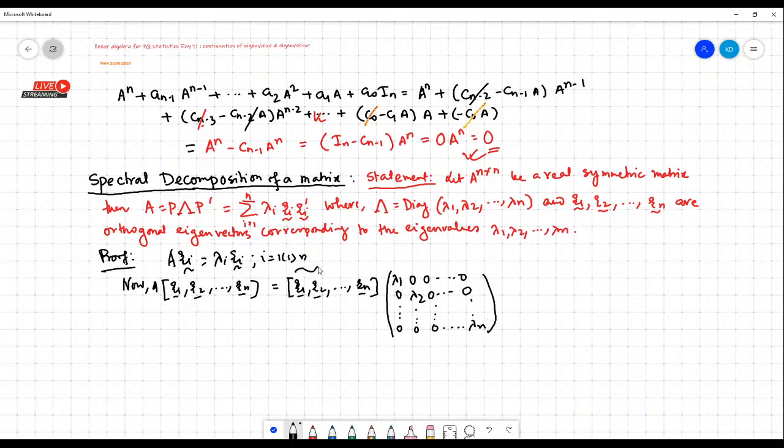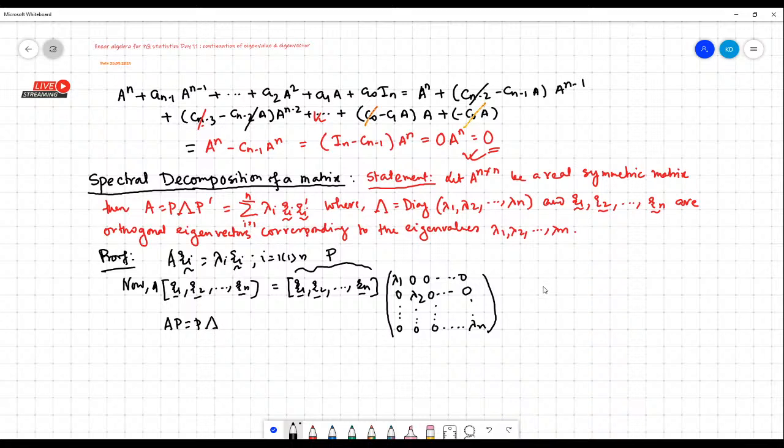I denote this matrix P. This is an orthogonal matrix because the eigenvectors are orthogonal. So P is an orthogonal matrix, constructed from the orthogonal eigenvectors ξ_1, ξ_2, ..., ξ_n. So AP = PΛ.